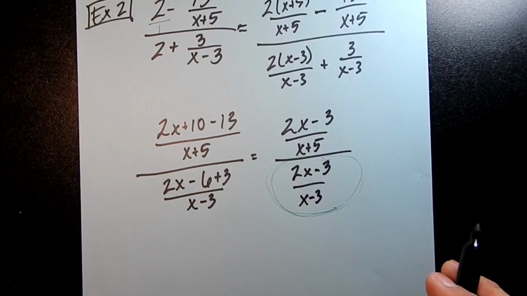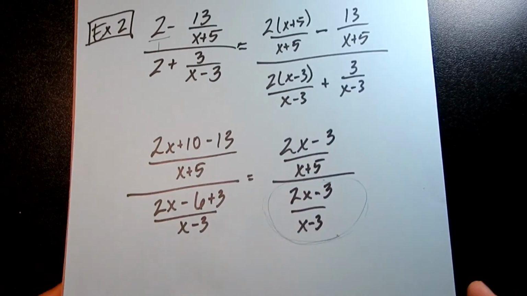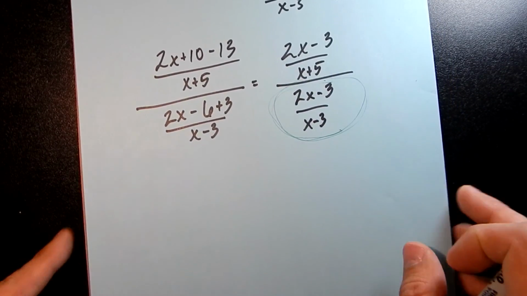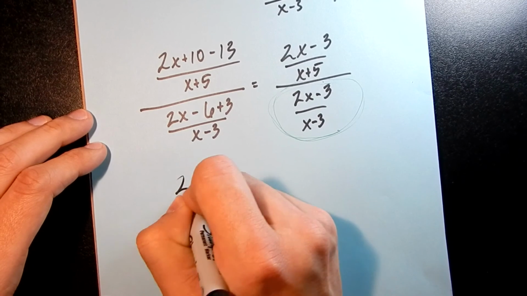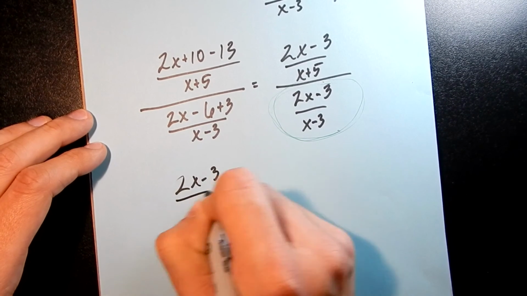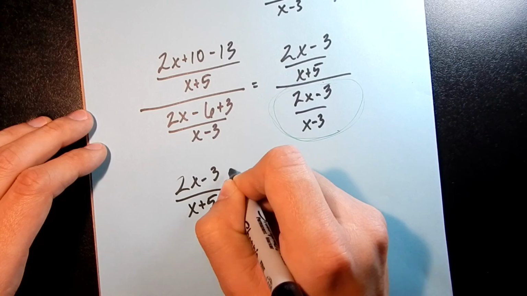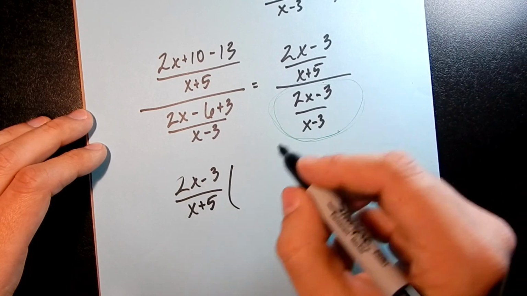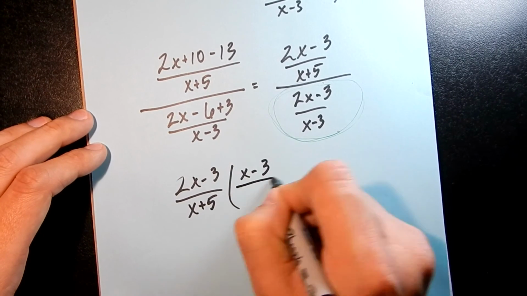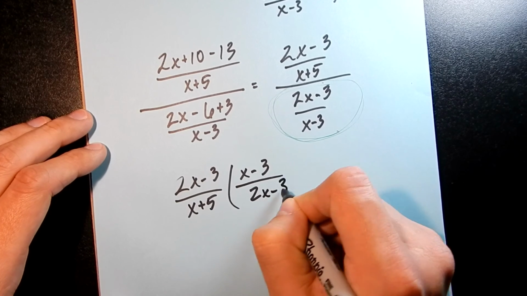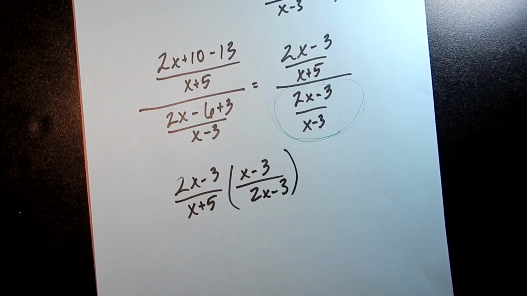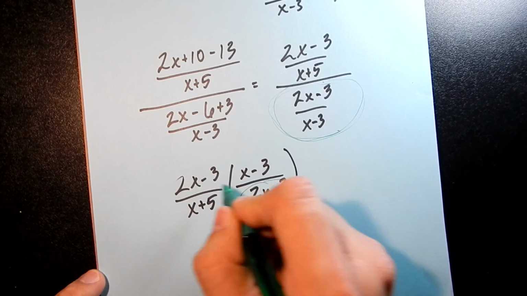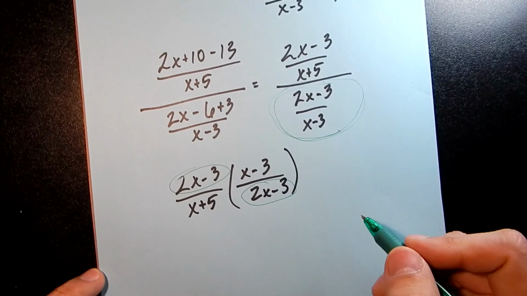So 2x minus 3. Let me get this thing to move here. Okay, so we've got 2x minus 3 over x plus 5 times this quantity. So I'm going to flip that over, x minus 3 over 2x minus 3. And would you look at that, this and this are common factors.